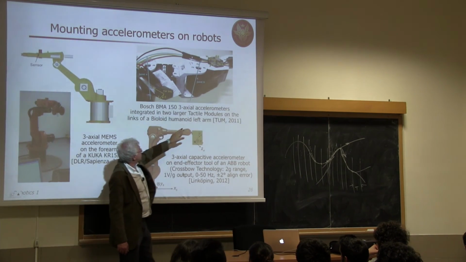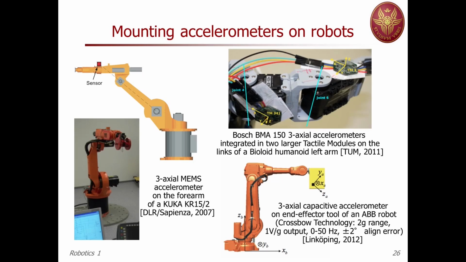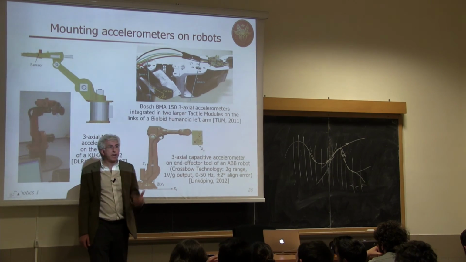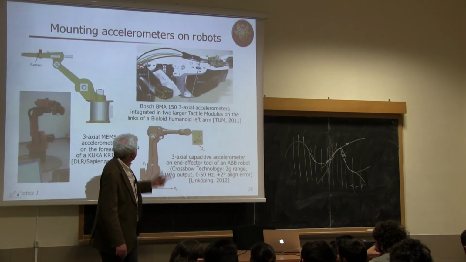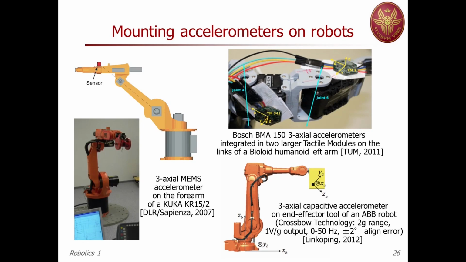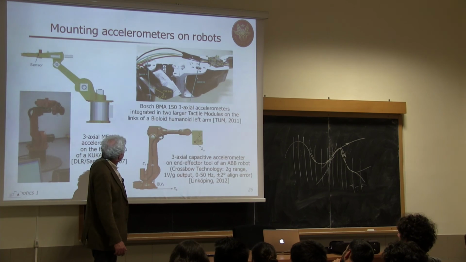They are tactile modules, so they are used to sense touch, but on top of them, they have mounted also an accelerometer. And when you see the frame, this frame is aligned with the 3 axes of the accelerometer. And here you have 2 accelerometers mounted, one on the shoulder and one in the forearm, like this. Okay? As part of a wider sensing structure.